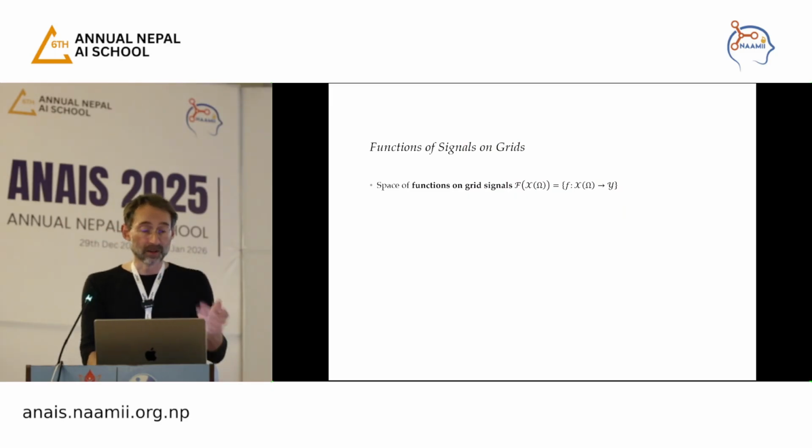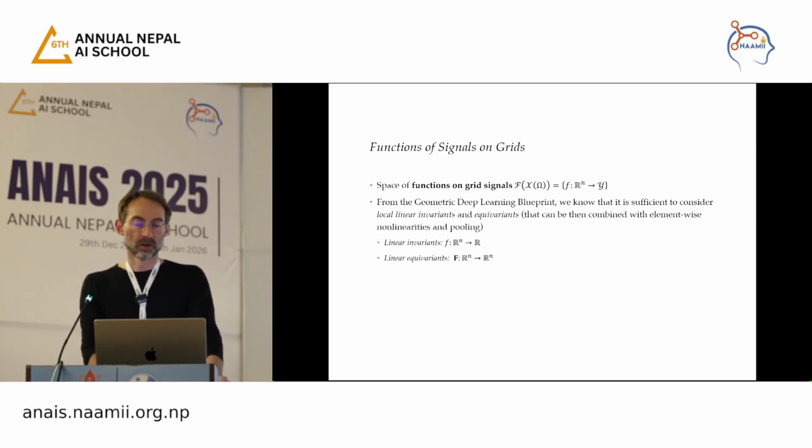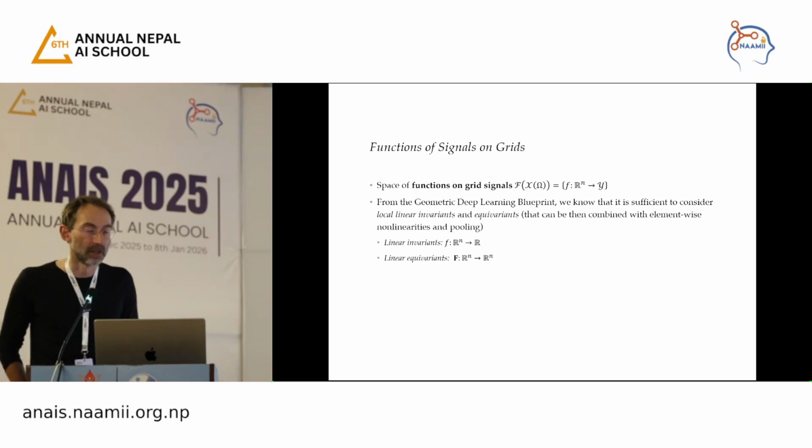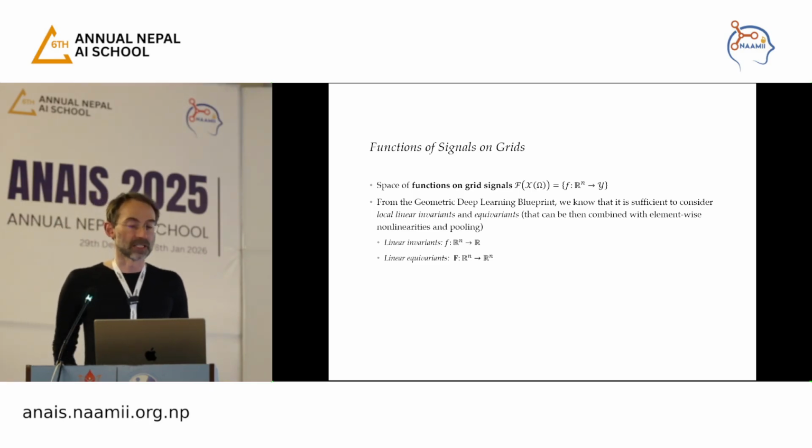Now, again, we have functions of signals on grids, right? So this will be our neural networks, right? So it's a function that takes a vector and produces a number, for example, right? Or a label or whatever you want, right? And we've seen in the general discussion on the geometric deep learning blueprint that it is sufficient to consider local linear invariance and equivariance, right?